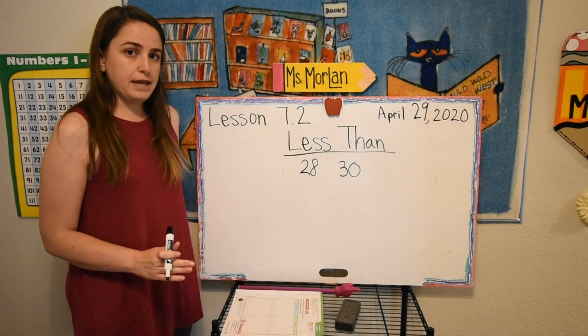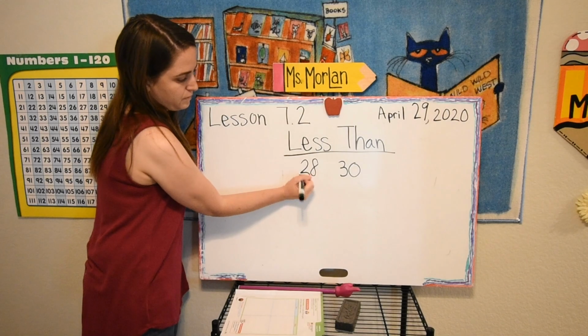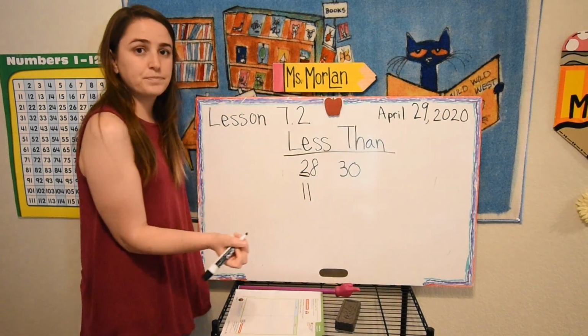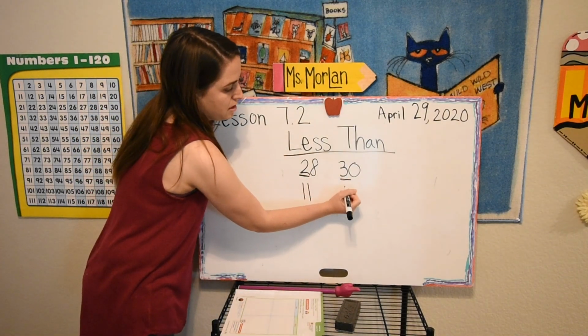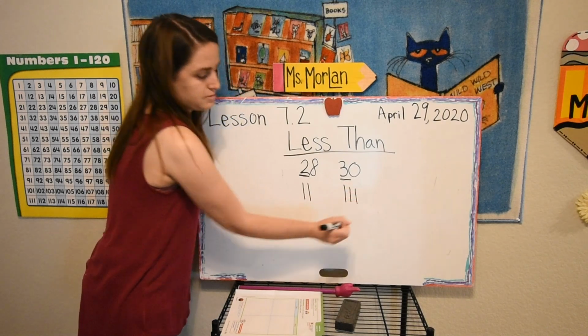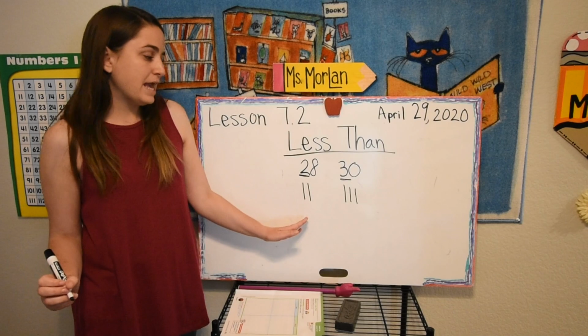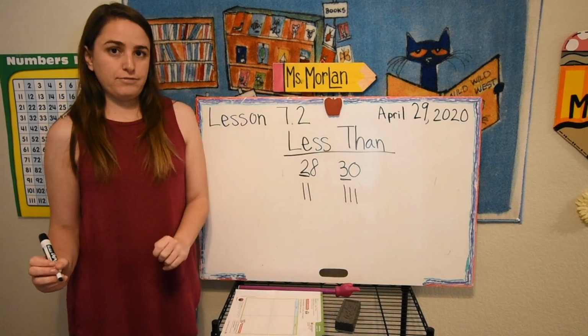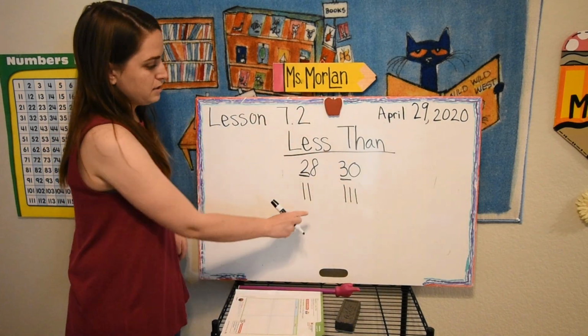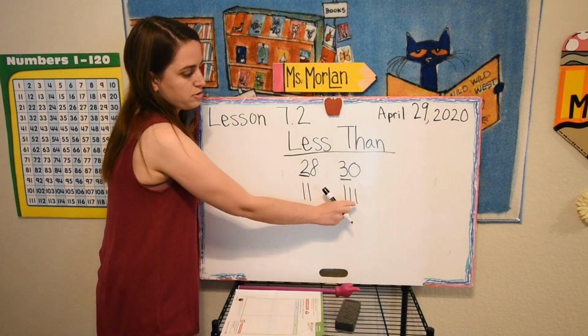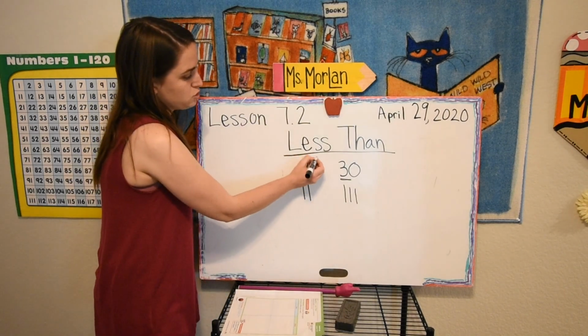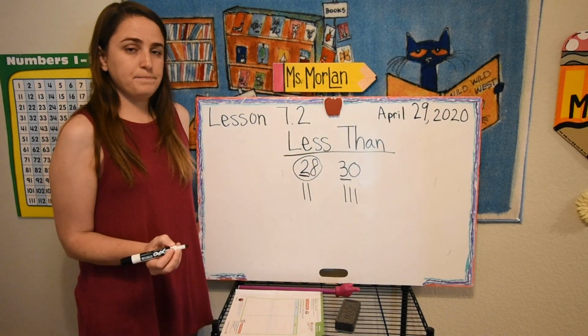So in 28, there are 2 tens. In 30, there are 3 tens, right? So I can see that they have different amounts of tens, so I don't even need to look at the ones place, right? 2 tens is smaller than 3 tens, so that means 28 is less than.